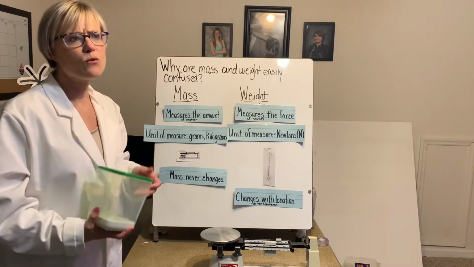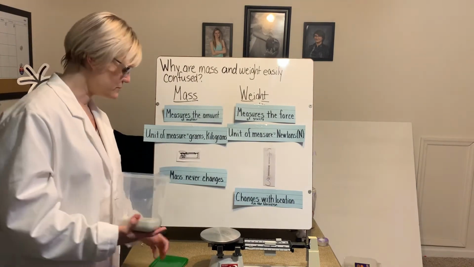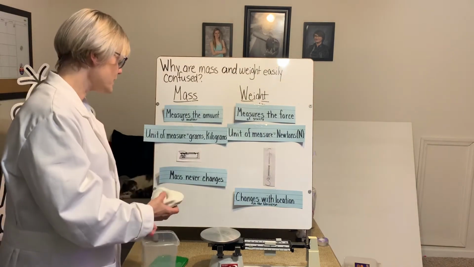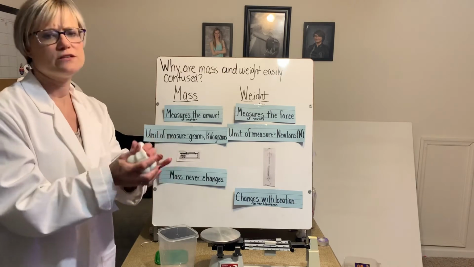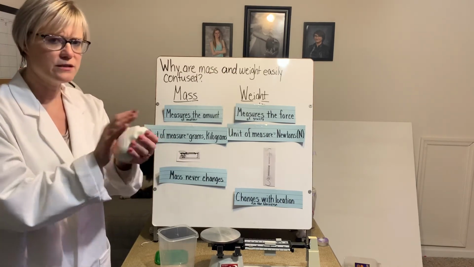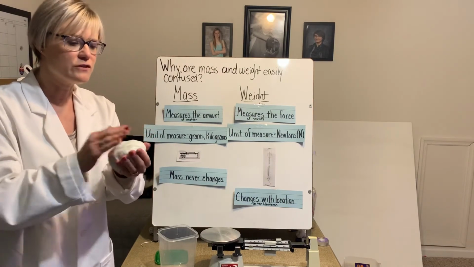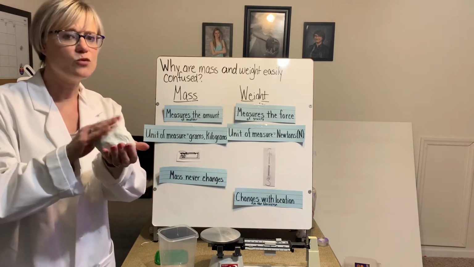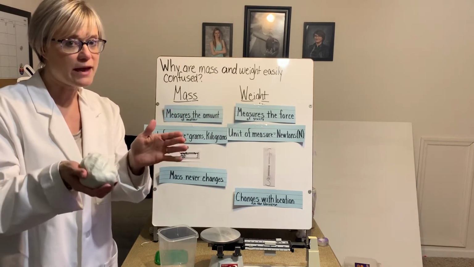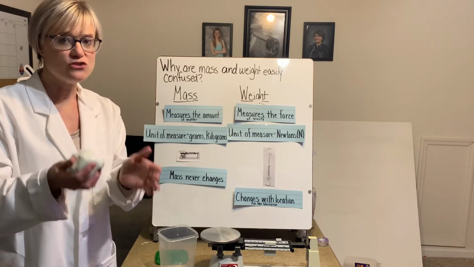So one thing that I do need to keep in mind, and I've got my daughter's slime to demonstrate this. So mass never changes. This slime right now has mass, and no matter where I go with this slime in the universe, the mass of this will always stay the same. Now, the only way I can change the mass of something is to take something away or add something to it.